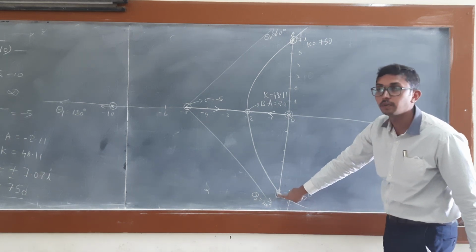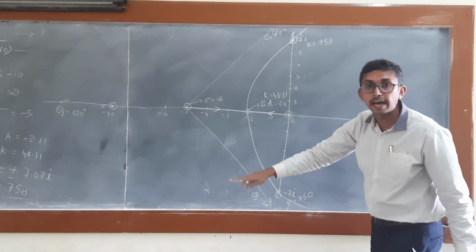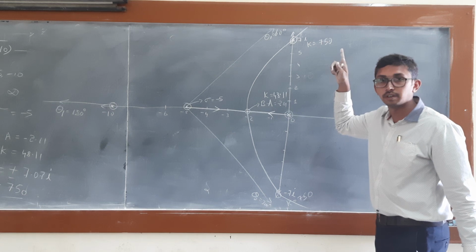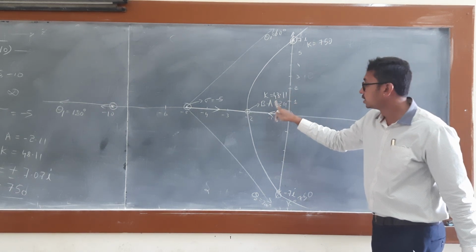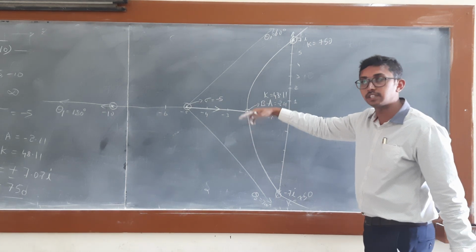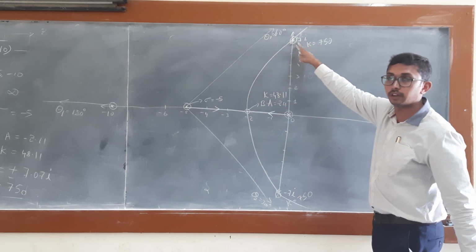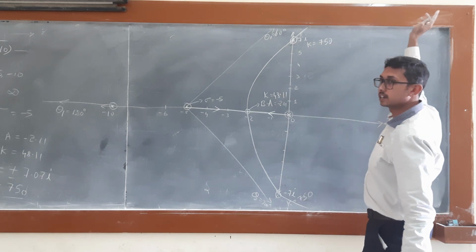At this point, what is the value of k? 750. We are varying the value of k from 0 to plus infinity. When k is equal to 48.11, it is at the breakaway point. When we start increasing the value of k and it reaches 750, it intersects the imaginary axis. After that it will continue.